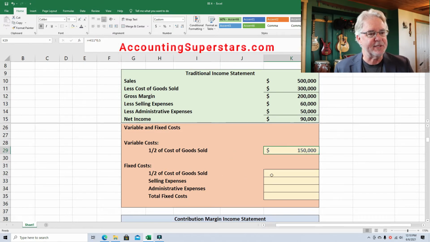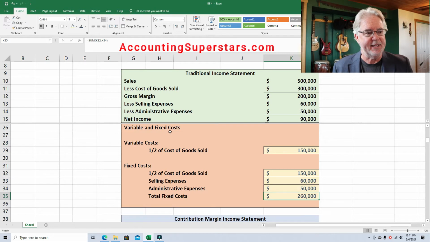And fixed costs, well, half of that cost of goods sold is fixed. There we go. Selling expenses, we're assuming that that's all fixed also. Probably not a good assumption, but just to get through this problem. Administrative expenses, $50,000. So to get a little subtotal here, 260,000.